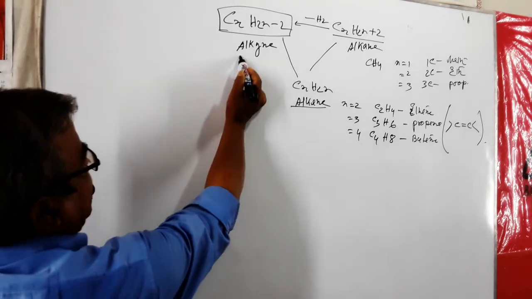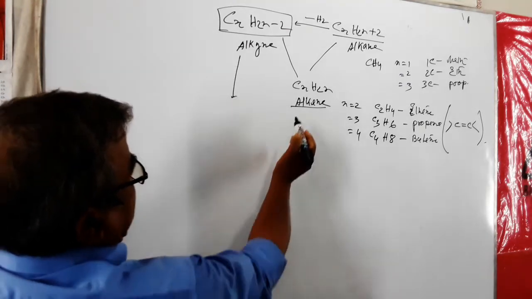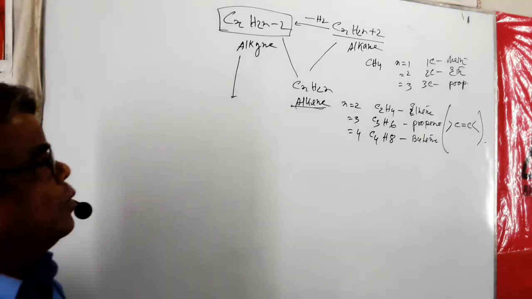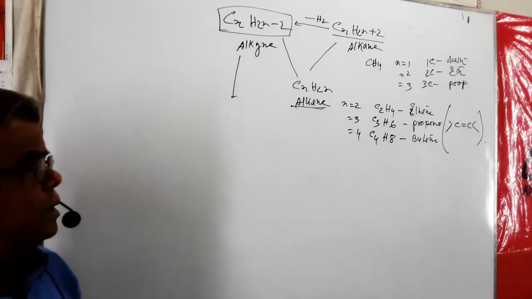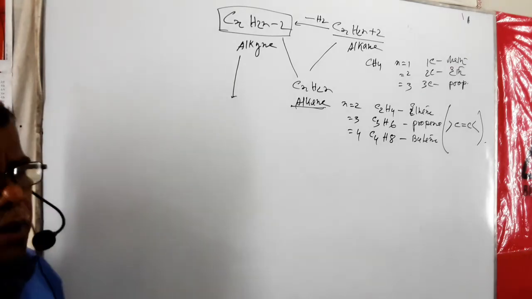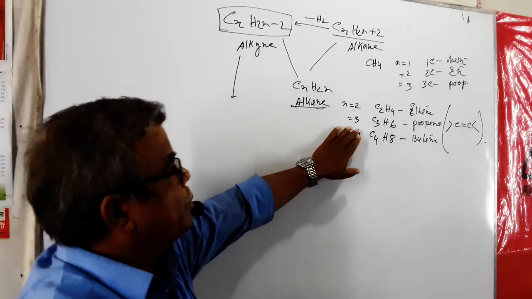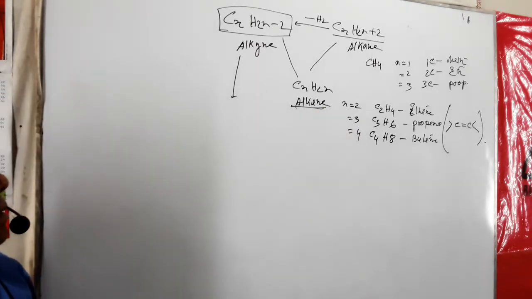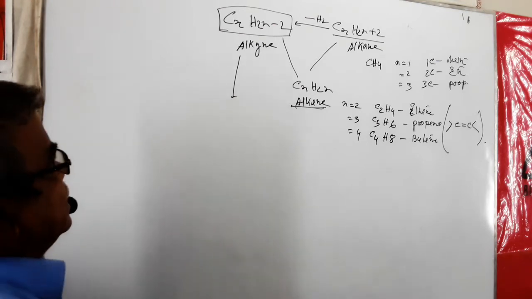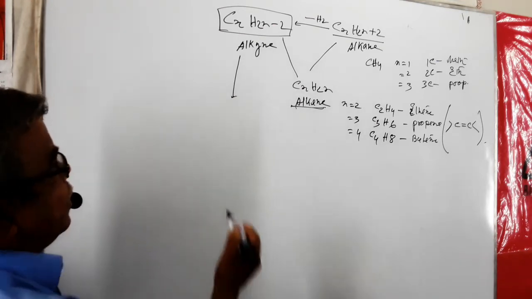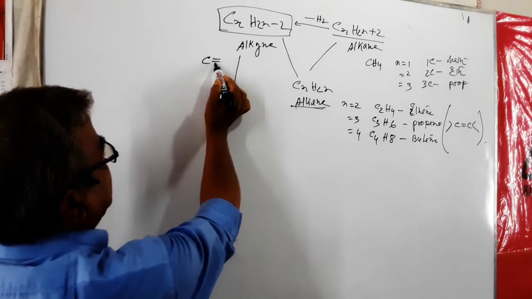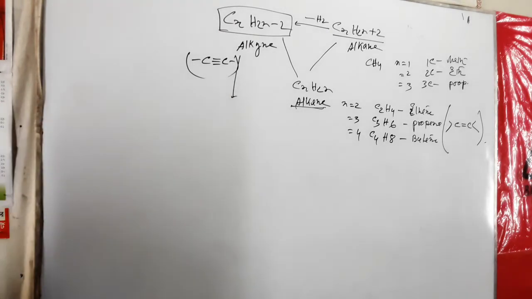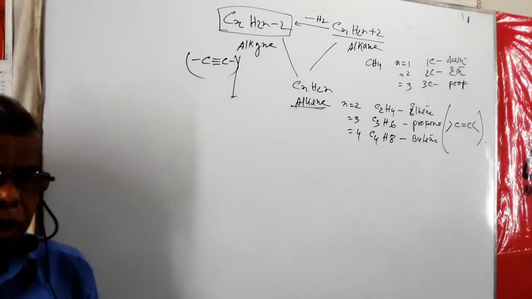The first member of alkene is ethene, the second member of alkene is propene, the third member is butene, and so on. In the case of alkyne, containing carbon-carbon triple bond, this is another type of unsaturated hydrocarbon.